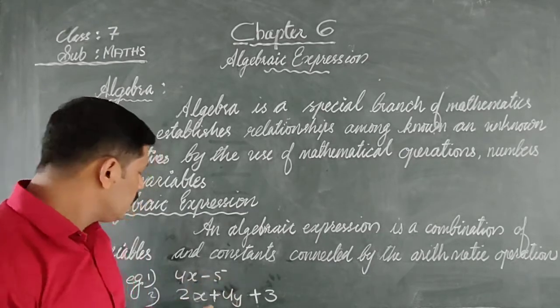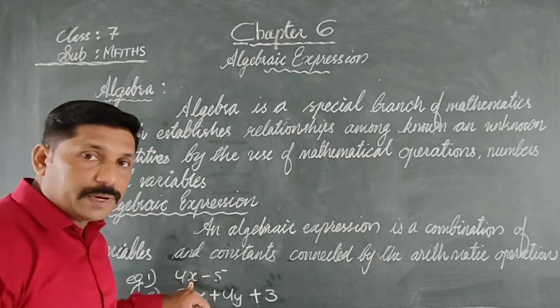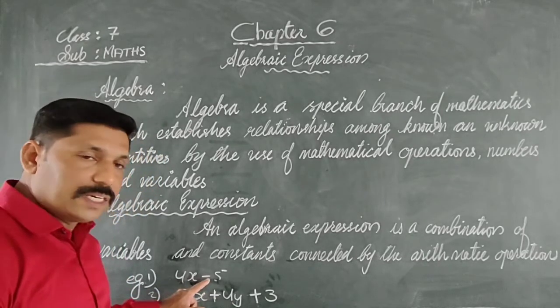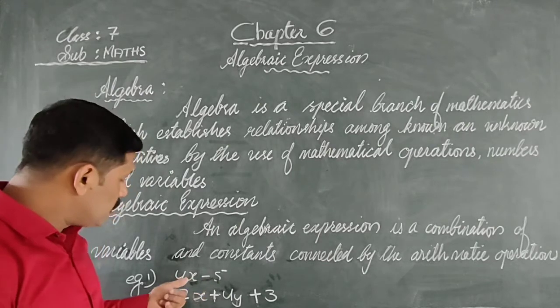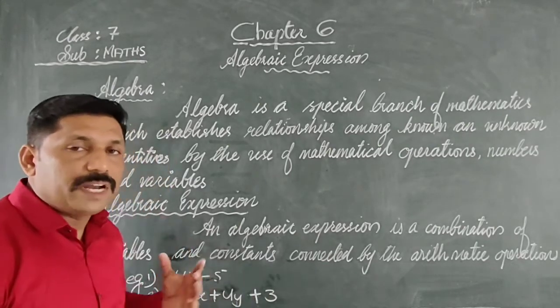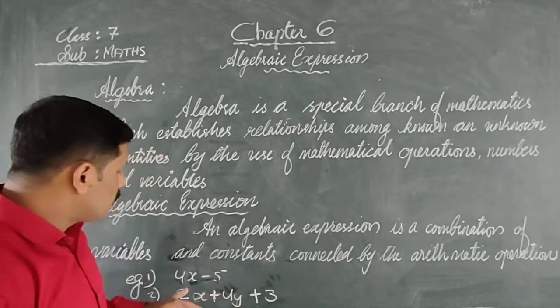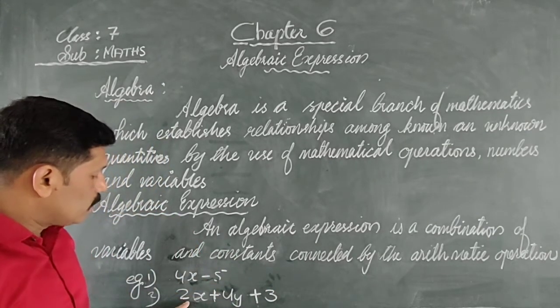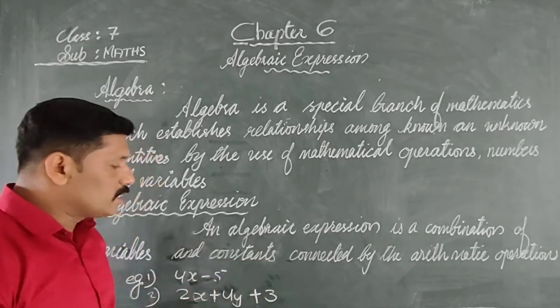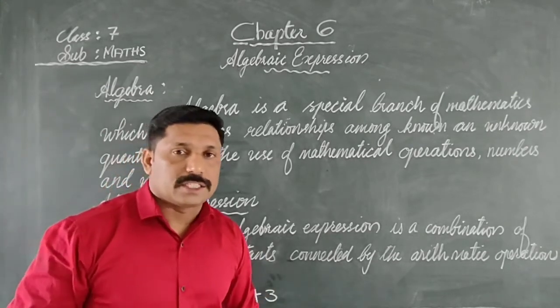And the variable, an unknown value, we represent using a letter or alphabet. Subtraction is used here, and 4x means 4 into x, multiplication is used. So a combination of all these is called an algebraic expression. Here 2x plus 4y plus 3 is also an example of an algebraic expression.